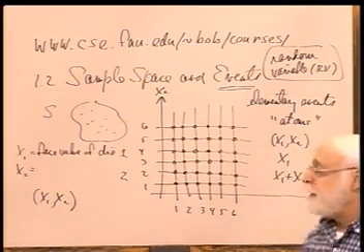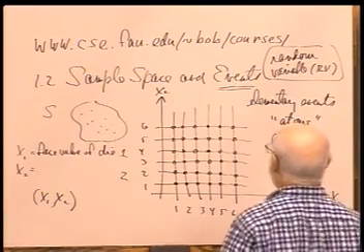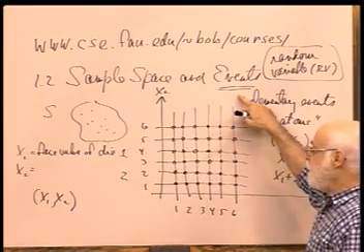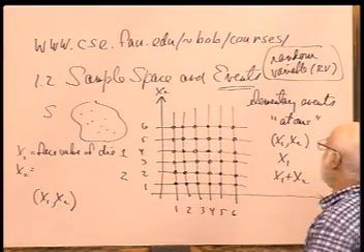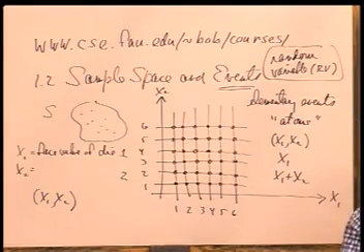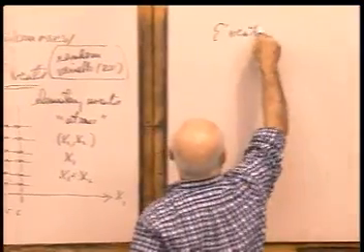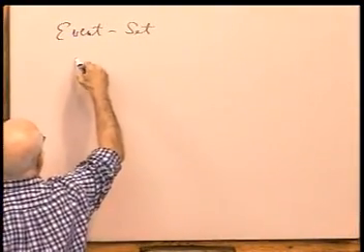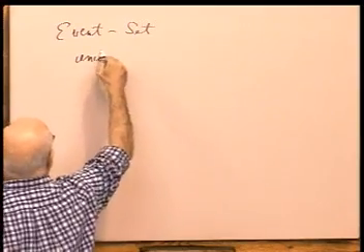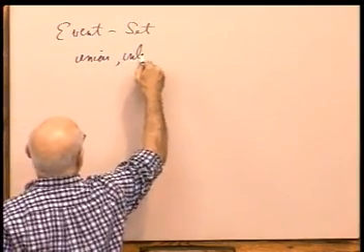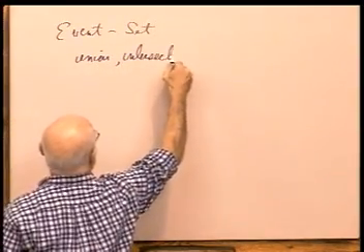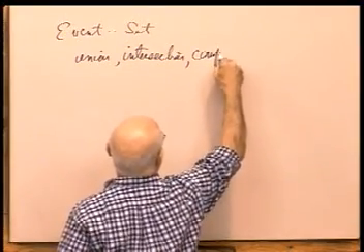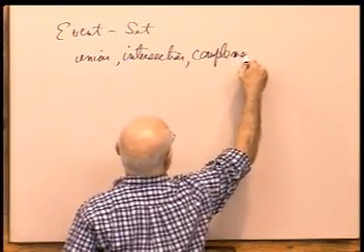Okay, so in any event, what it means is that when I talk about events, events are sets, and that means that I have to understand set theory a little bit. So an event is a set. That means I have to understand things like union, intersection, complement, and so on.